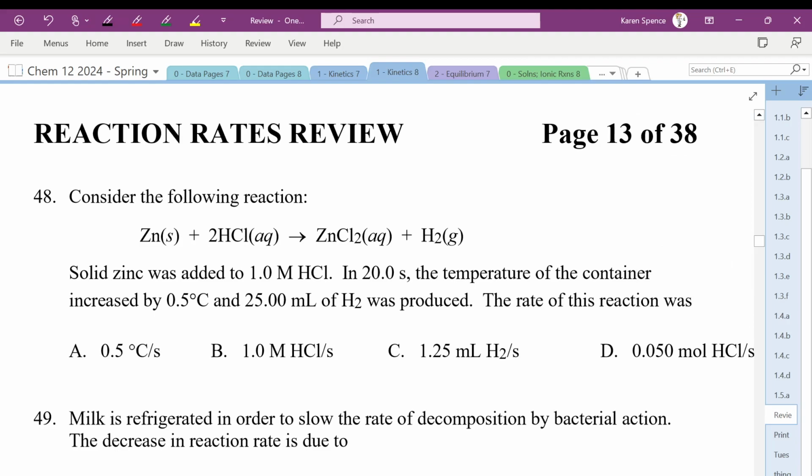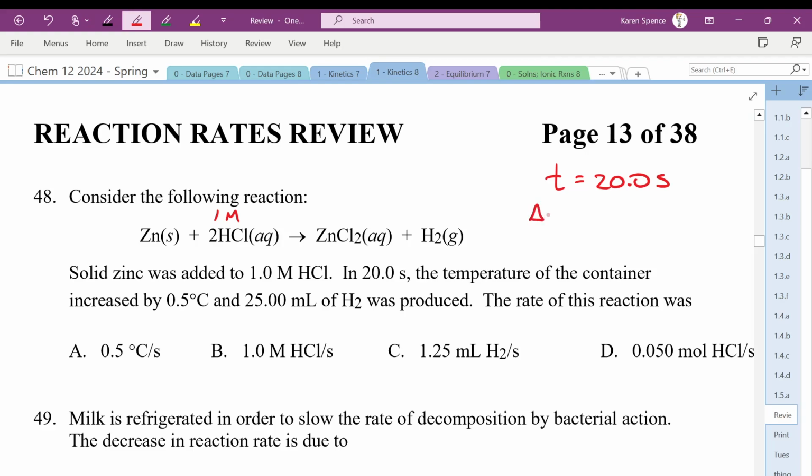We have solid zinc, and we have added some 1 molar HCl. In 20 seconds, so the time is equal to 20 seconds, the temperature of the container increased by 0.5 degrees.